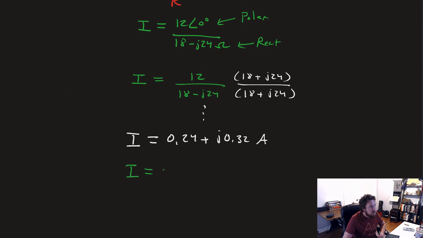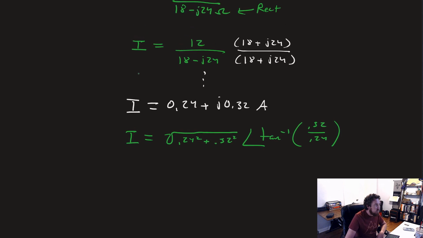Or if we wanted to put that back as a polar form phasor, we would just say that I is equal to the square root of 0.24 squared plus 0.32 squared at an angle of the inverse tangent of 0.32 over 0.24. Those are both positive, so we can leave them alone and take the answer as is.